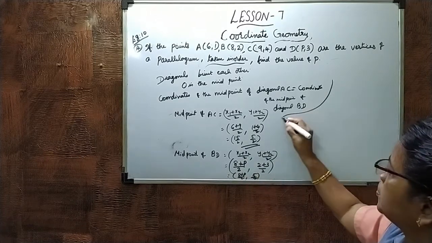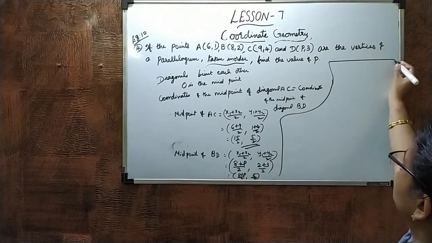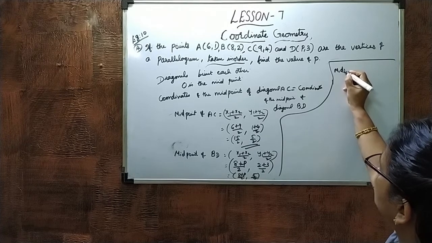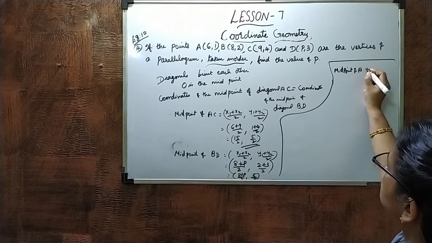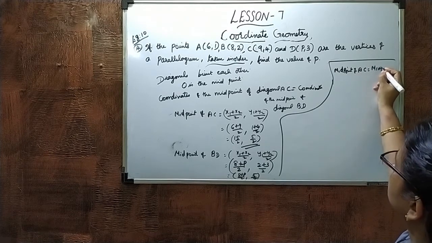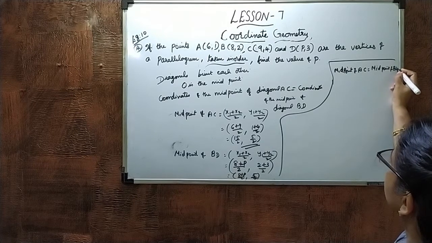What is the next step then? We have to equate them, right? Midpoint of AC should be equal to midpoint of BD, right?